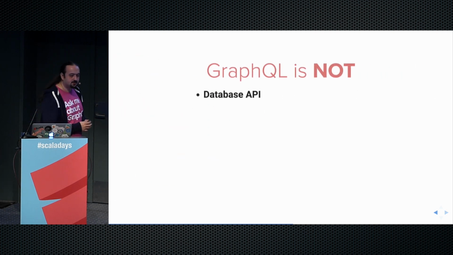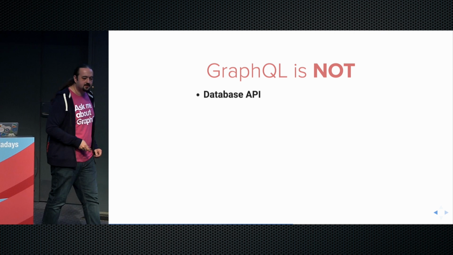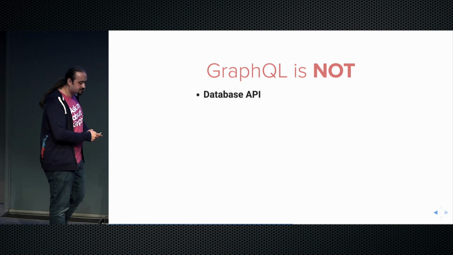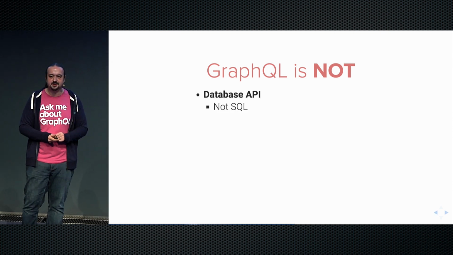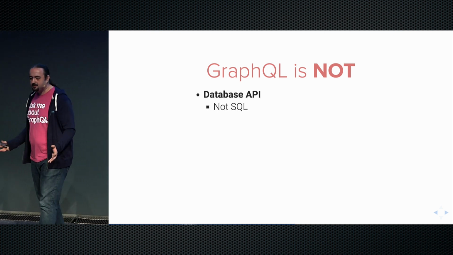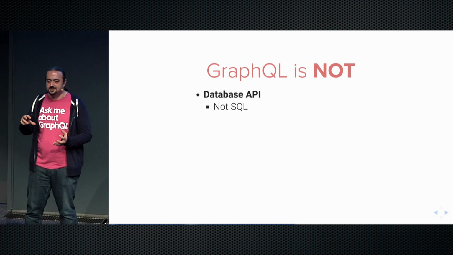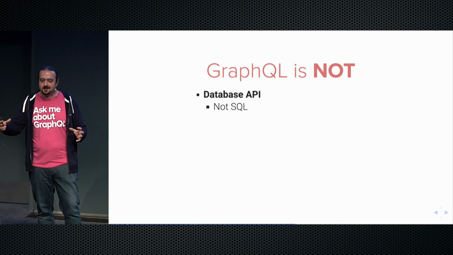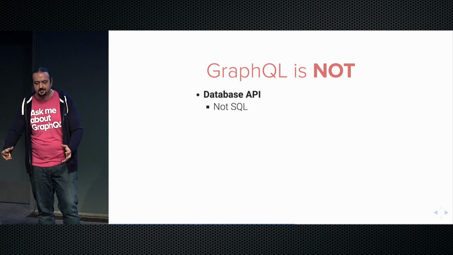And I think it's also helpful to mention what GraphQL is not. So GraphQL is not a database API. And in particular, it is not SQL. SQL is this very, very powerful language. You can make aggregations, you can make joins, you can get data exactly like you want it from the disk.